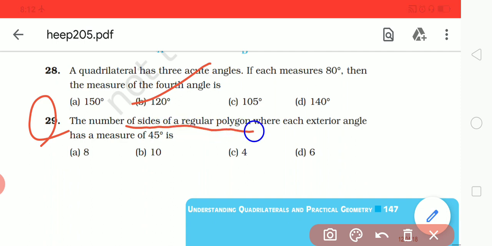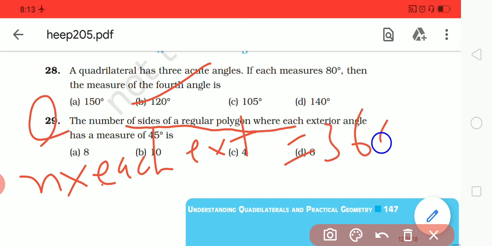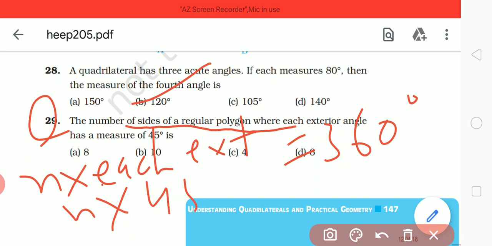The number of sides of a regular polygon where each exterior angle has a measurement of 45 degrees. Okay, you have to find the number of sides of the regular polygon. You know that the number of sides multiplied by each exterior angle equals 360 degrees. So this is the formula you will use. n multiplied by 45 degrees equals 360 degrees.